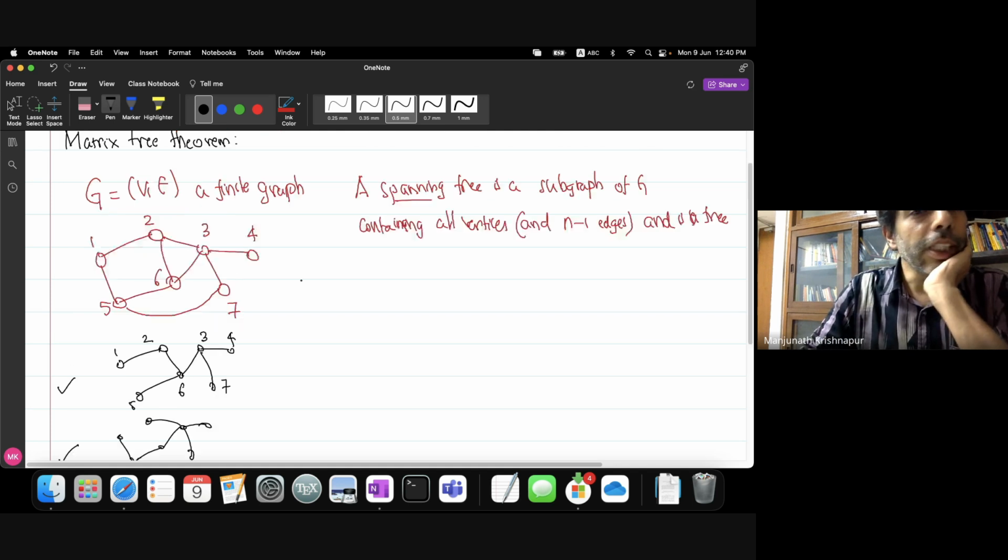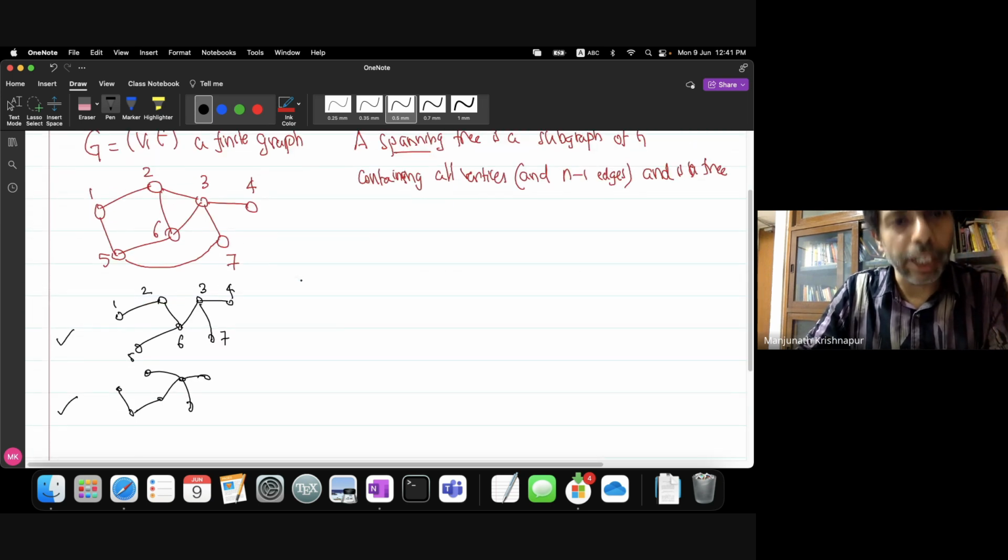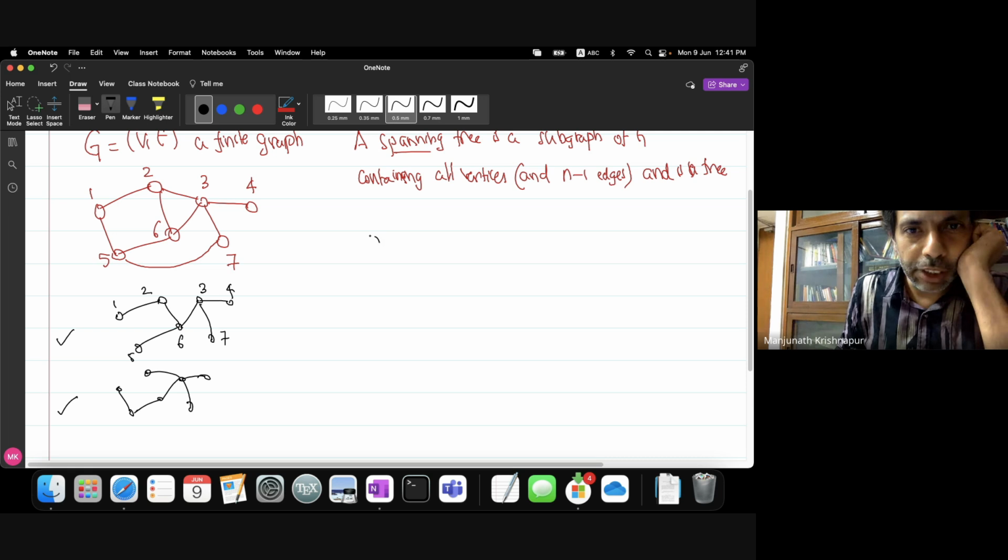Okay, so this other approach counts the number of spanning trees of any graph. So if the graph is the complete graph, if G is Kn, then Kn is the graph where everything is connected to everything else. So this is the complete graph.